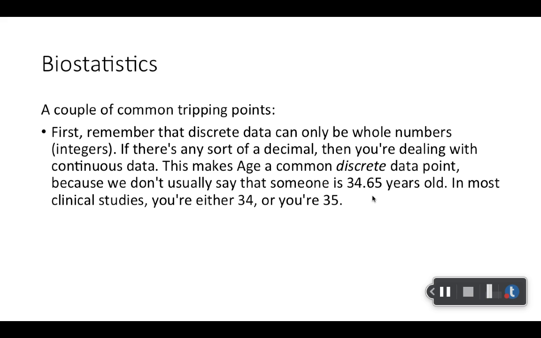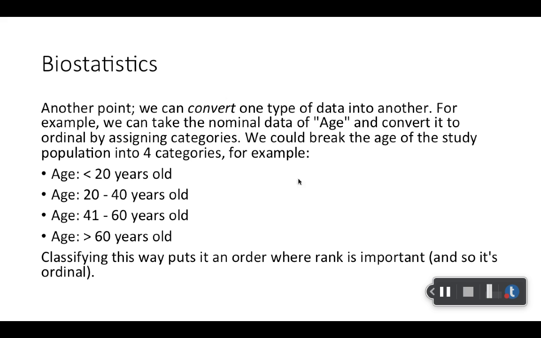Typically in studies you'll see them round, so they'll say 34 or 35, or they may not round. Maybe you're 34 until you're 35, or depending on the study, they may put you in the 35 category. Or we'll see a lot of times they'll have an age range, like 18 to 35 year olds.